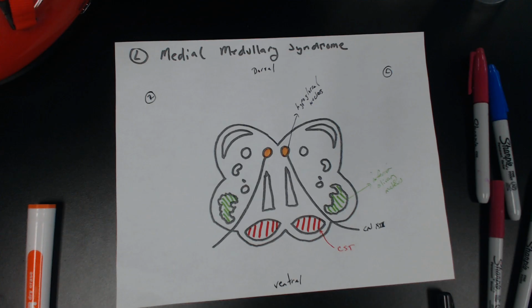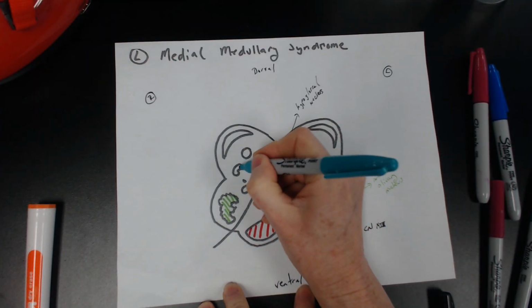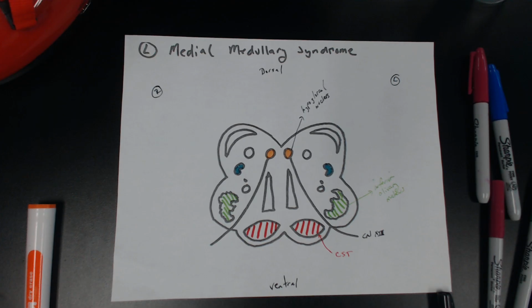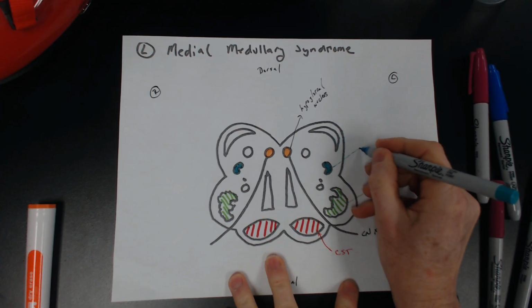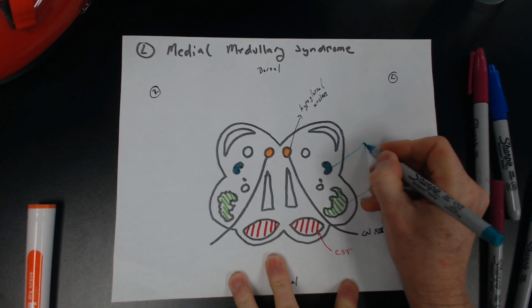Think about other things that we've talked about. We just talked a little bit about the main sensory and spinal nucleus of trigeminal, and that's always going to be this kidney bean shaped thing. That's going to be your spinal nucleus of trigeminal here, and that's where that big old nucleus is coming down and projecting into the medulla.